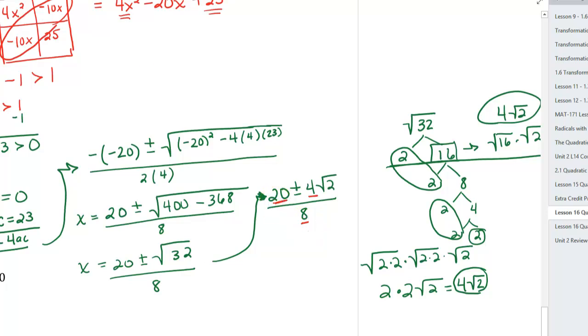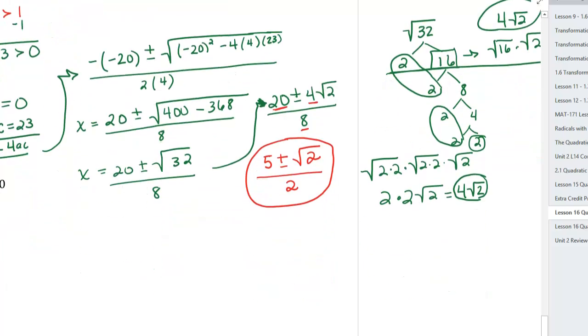And the answer is yes. 4 will go into all of those. So that's going to give me 5 plus or minus 1 times the square root of 2, which we normally don't write the 1 out there, all over 8 divided by 4 is 2. So these are your 2 x-intercepts. Notice that they are real, they're not imaginary.